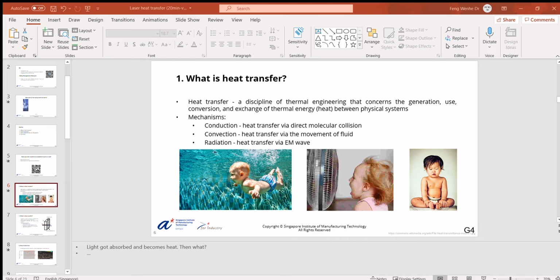Anyway, if we conduct the heat conduction with laser absorption, we have to make some assumptions. For example, the laser beam we assume is uniform, and we assume the substrate is also uniform and planar. We assume the beam diameter is much larger than the thermal diffusion distance, and we assume the beam energy is absorbed at the surface only.